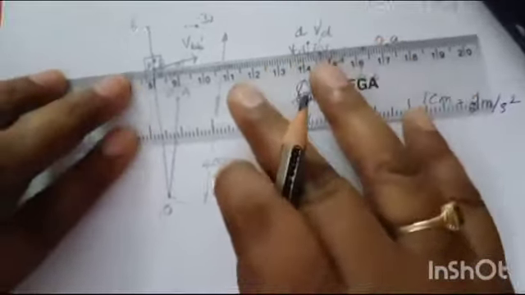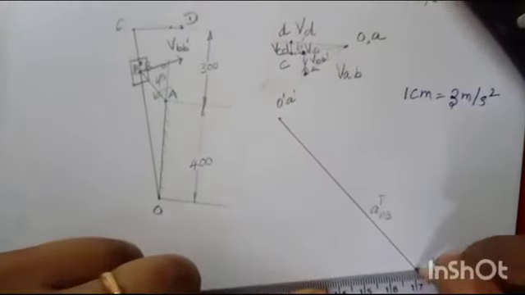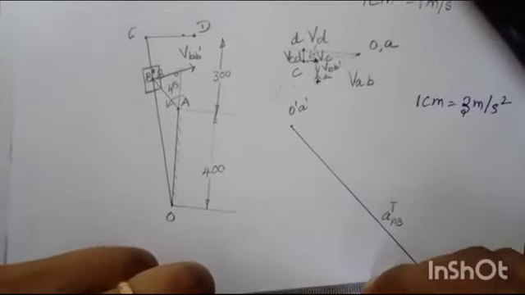So for this OC link itself, from this B point, take a perpendicular line and directly drag this, and 2.15 you have to measure. So 2.15 in the sense, you just get 2.2 nearby.